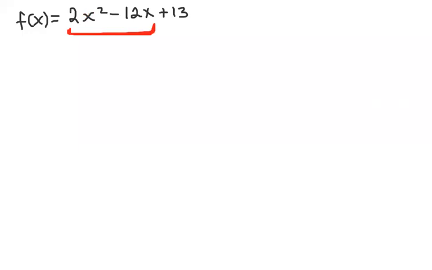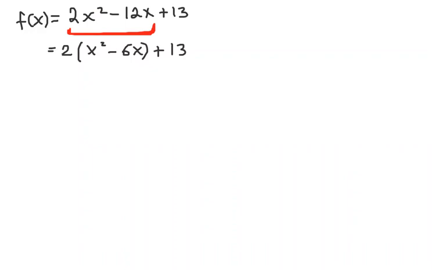That means we have to factor by taking 2 outside, then the left is 2 times (x squared minus 6x) plus 13. This is the first step.